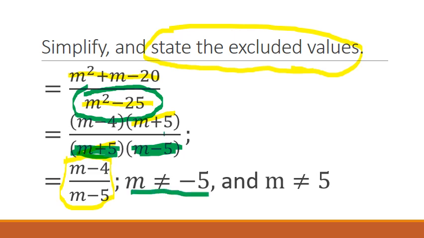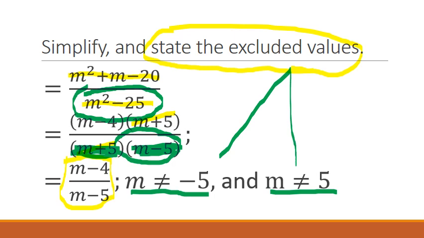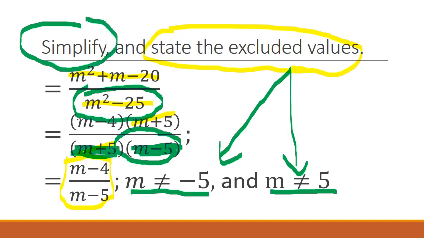If we equate m minus 5, we have the value m not equal to 5. Now, the excluded values are these two. The simplified form is this one.